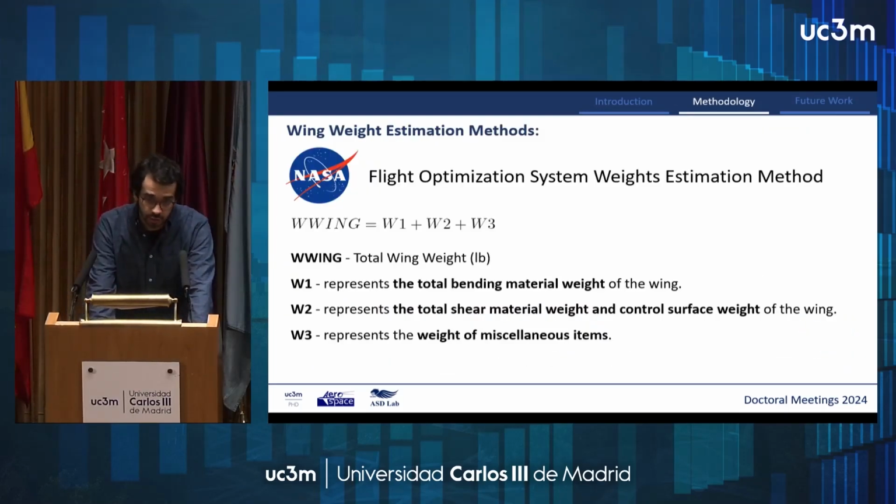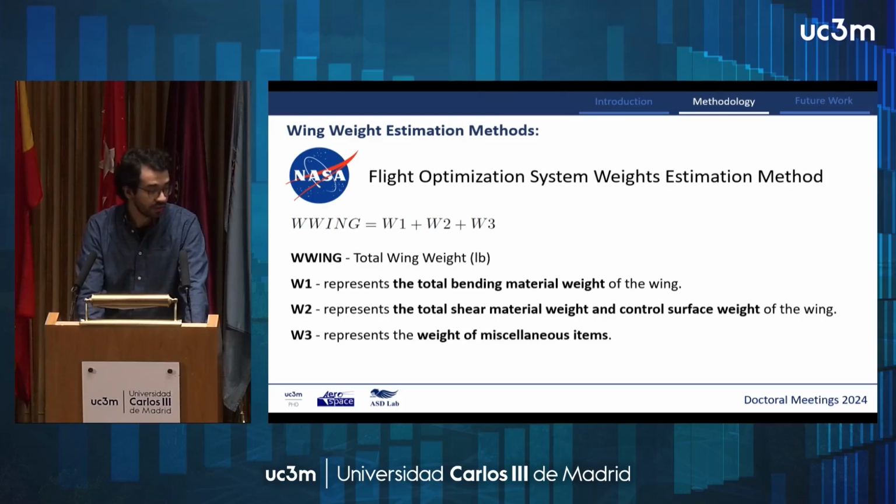To finalize this presentation, this is also one of the things that we intend to do, which we will be doing in the next 2 weeks. So basically, we are using weight estimation formulas from traditional aircraft design books, most of which are not adapted to this type of configuration, and therefore we found this flight optimization system weight estimation method, which is more adapted to distributed propulsion, and that has terms which consider strut-braced wings and factors that depend on composite utilization.